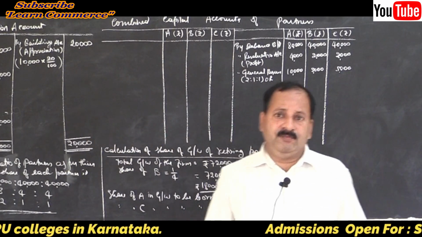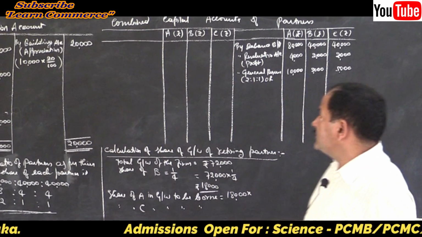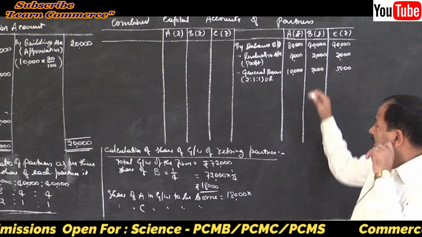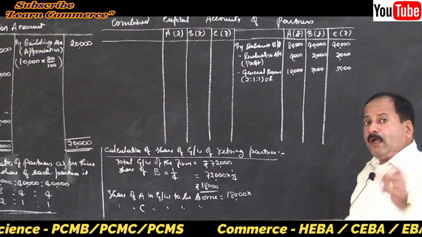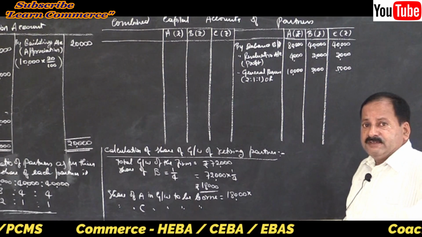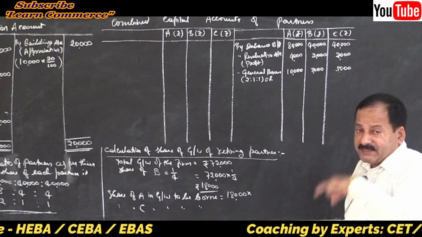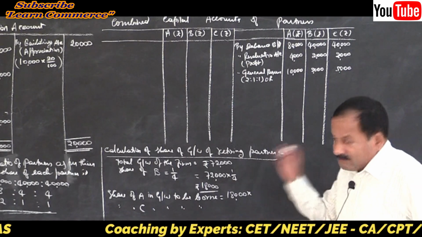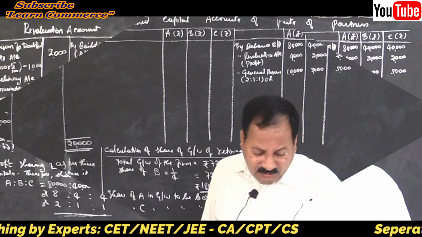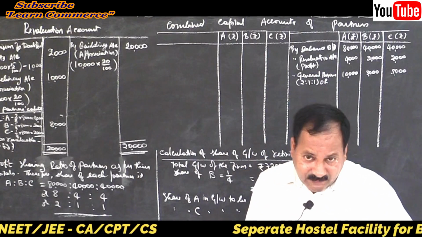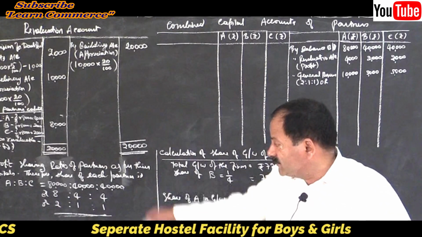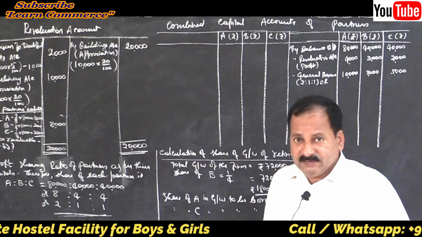Gain ratio. Because goodwill is created to the extent of the retiring partner's share only, without raising a goodwill account. So only the retiring partner's share is created here, not full goodwill. So it should be in the gain ratio.